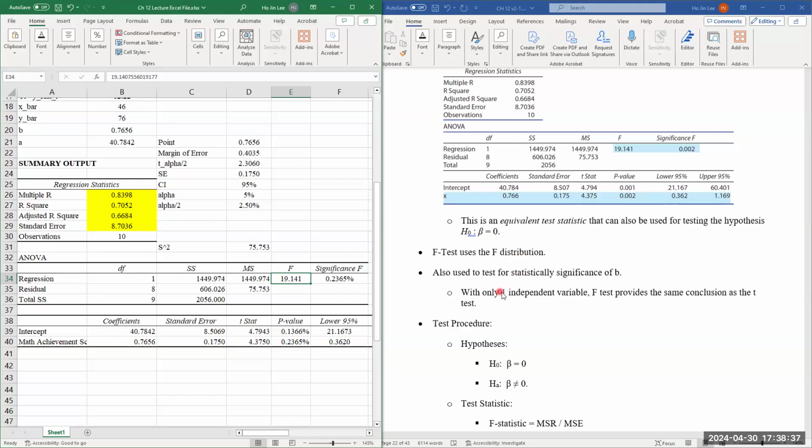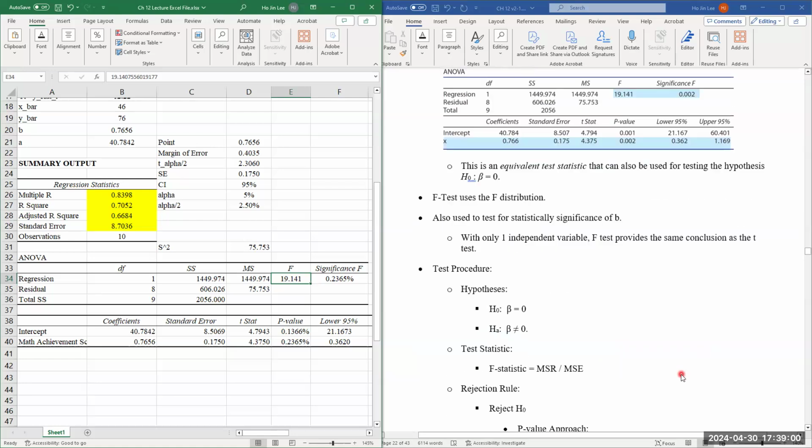It is slightly different when you have more than one independent variable, like you would have in chapter 13 world. There, you're testing the whole series of independent variables, whether they are equal to 0. Here, we only have one, so it reduces down to just a simple test of whether beta is equal to 0.